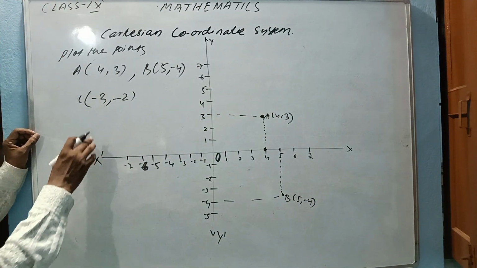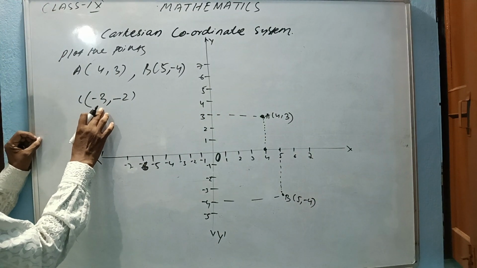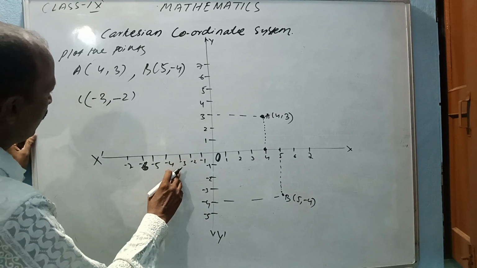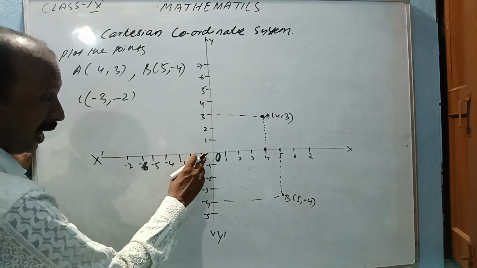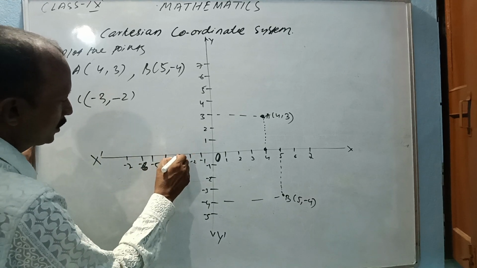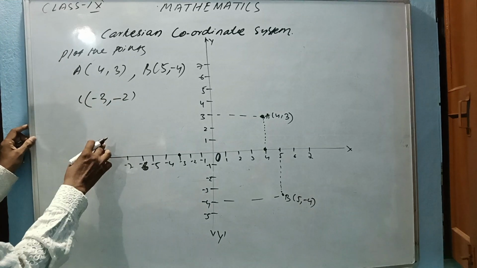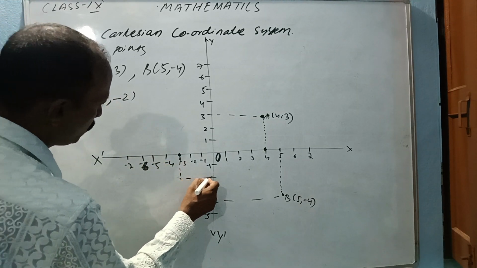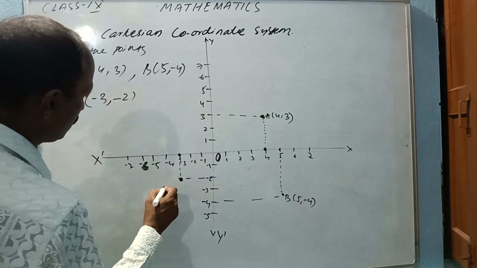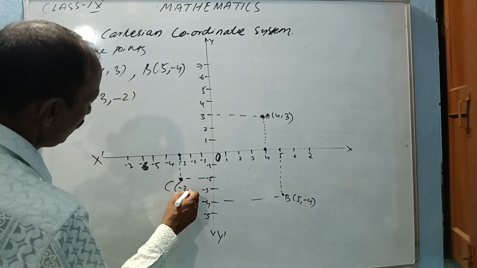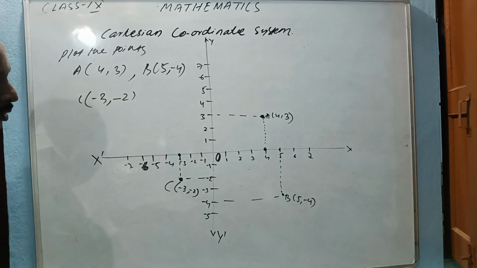Similarly, the point C is -3, -2. That means in the x axis you have to go along the negative direction of the x axis 3 units. This is the point. From there you have to move downwards up to 2 units. This is the point C. Its coordinate is -3, -2.